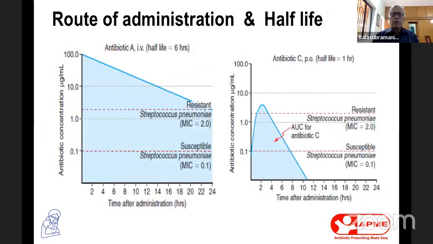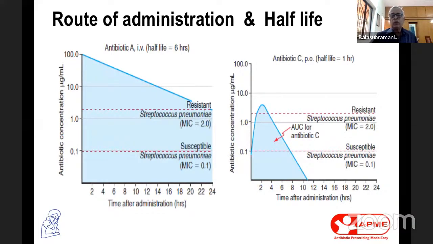Again, the route of administration is important, and also the dose you use is important in the antibiotic effect. For example, we all know that in Streptococcus pneumoniae infection, that is the IPD, invasive pneumococcal disease, the minimum inhibitory concentration varies from site to site.